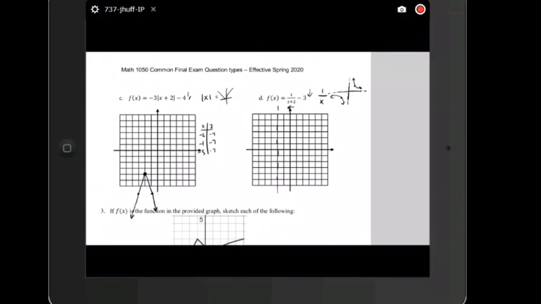The horizontal asymptote is going to move down 3 units. And then we have a point there and a point here. That would be sufficient for that graph.